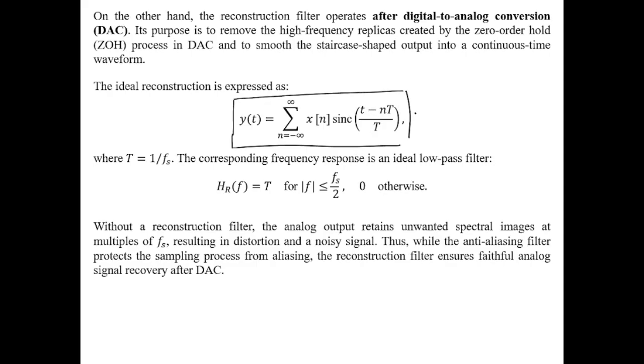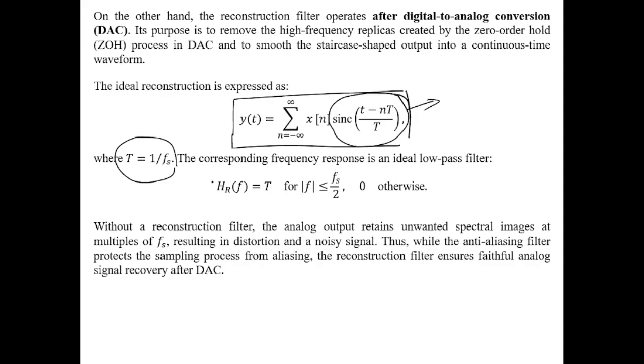Where is this term coming from? It is coming because we are applying a brick wall filter in the frequency domain. Here capital T is equal to 1 by Fs, where Fs is the sampling frequency.